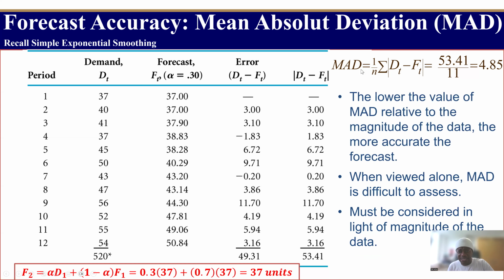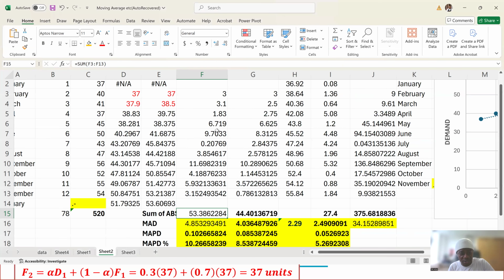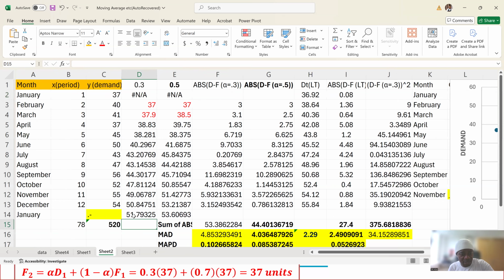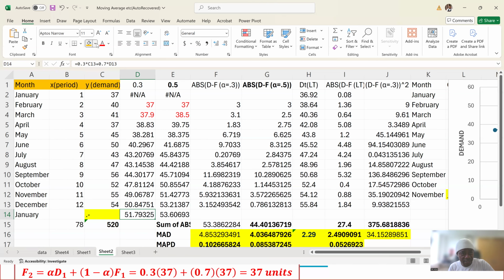By the way, when you look at this, there are a few things to take note of. The lower the value, the better. I've said this already. Always, the lower the error, the better, the more accurate the forecast is. So what was the forecast we had? Let me just go back to the Excel and show you. If you check the forecast we had for this K of 3, look at it. The forecast we had was 51. We had 51 here.